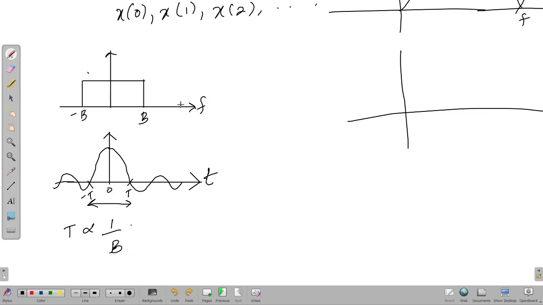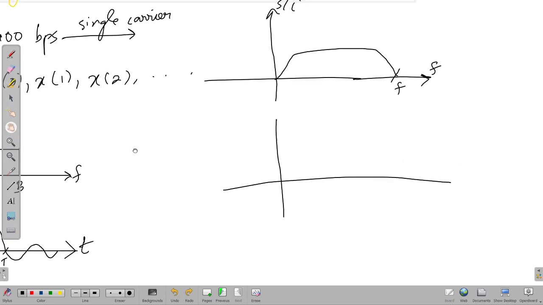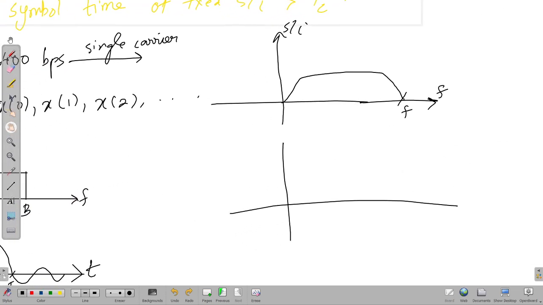Similarly, when b increases, bandwidth is large, then your time duration will be very small. From that idea, let me go here. Here the bandwidth is large, the incoming bandwidth is b, it is having a large value. So in the time domain, you will have the signal as a very small time duration signal.